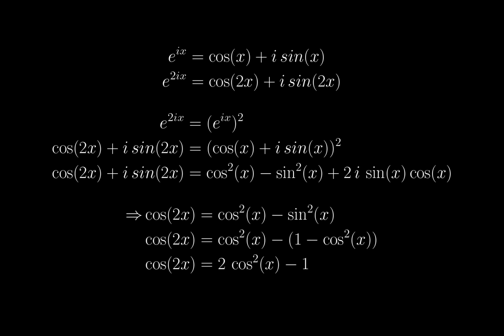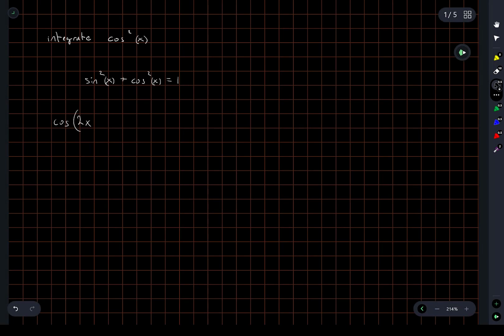So the one that I want is some sort of double angle thing for cosine. Yeah, okay. So what I'm looking for is cosine of 2x is equal to 2 cosine squared of x minus 1.